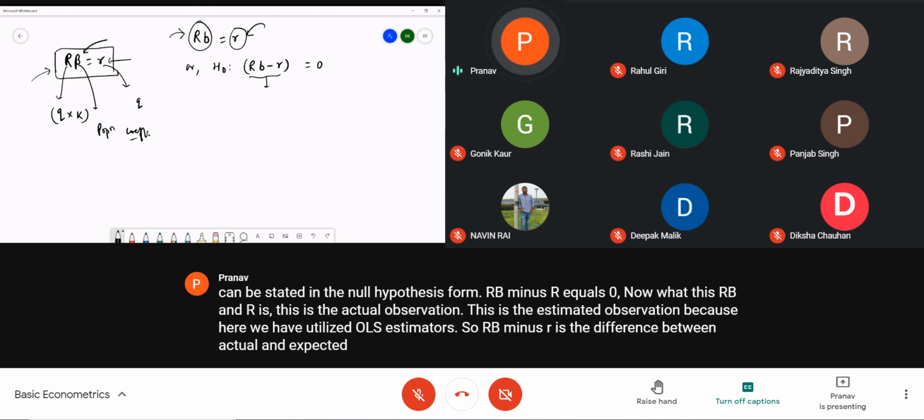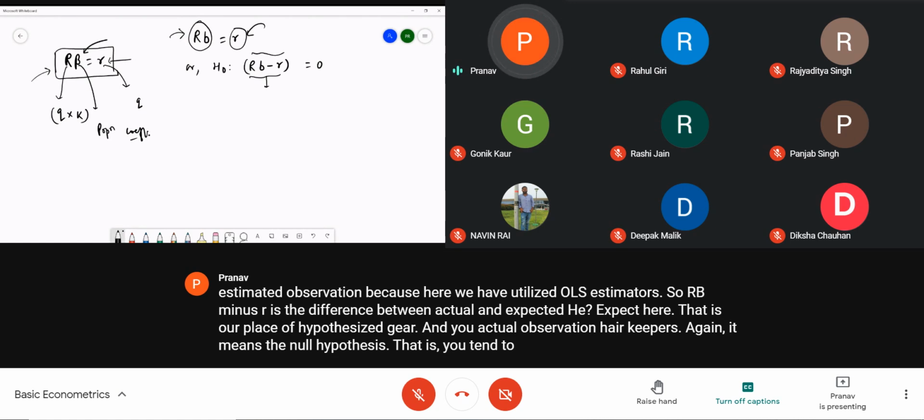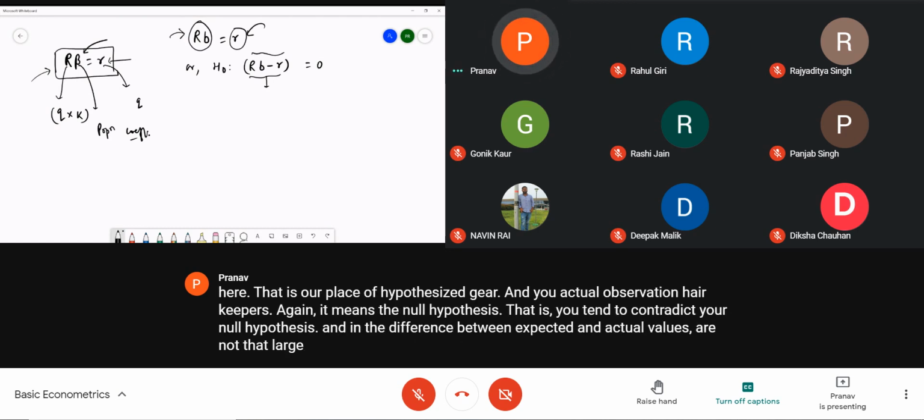What you expected, that is what you hypothesized, and the actual observation that you have, if the difference between these is too large, it means you tend to contradict your null hypothesis. And if the difference between expected and actual values is not that large, we tend not to reject the null hypothesis.